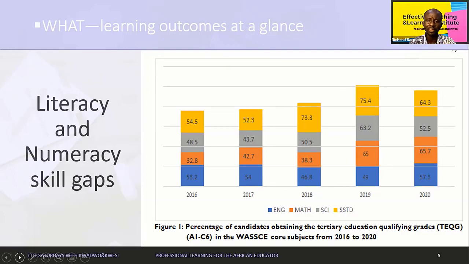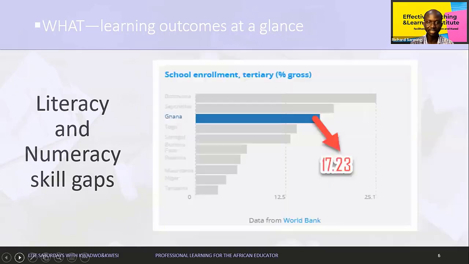So it tells you that even at the secondary level, we still have literacy and numeracy gaps that students really struggle with, and that affects the overall performance of students that make the transition to experience tertiary education.